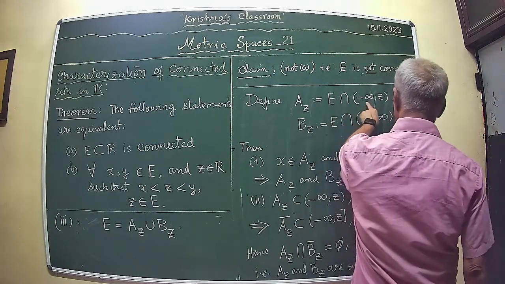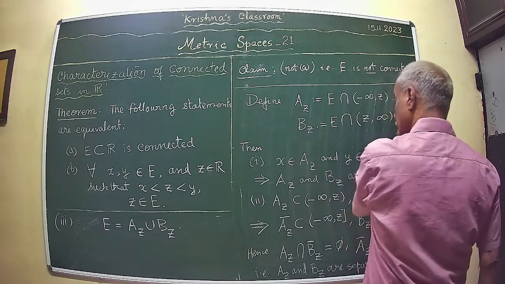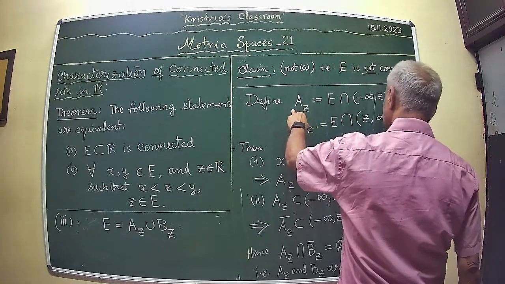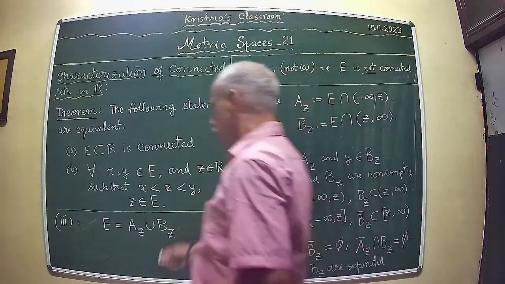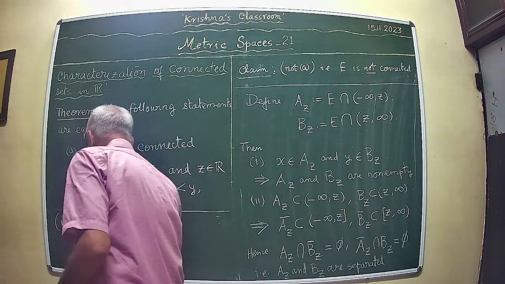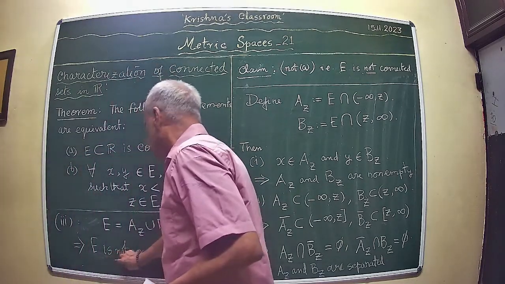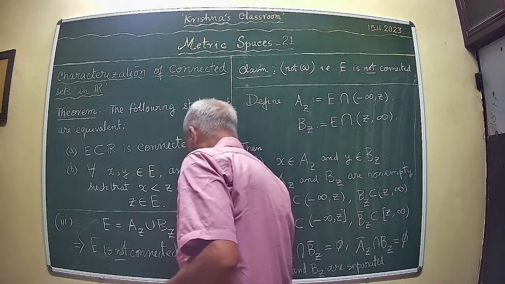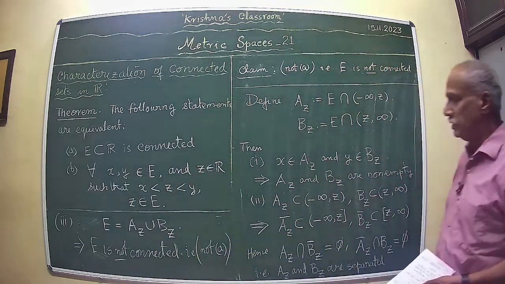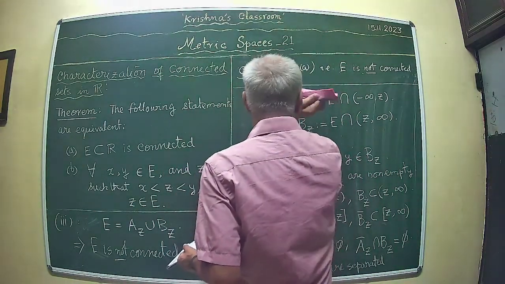You are taking E intersection (minus infinity, z), and B_z is E intersection (z, infinity), and z does not belong to E. Therefore every element of E is either in A_z or in B_z. Therefore this implies E is not connected. That is not A. So not B implies not A. So we have proved that therefore not B implies not A.